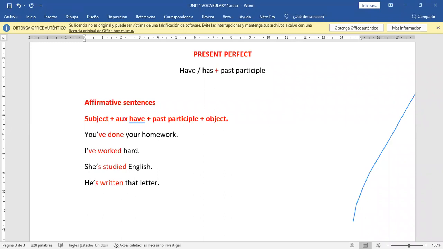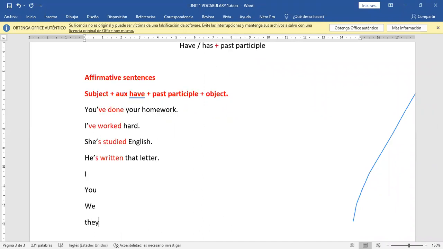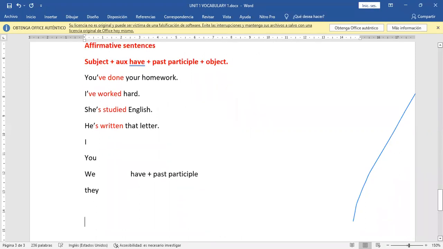Okay? That means I, you, we, they work with have plus past participle. And it, he, she work with has, plus past participle too.